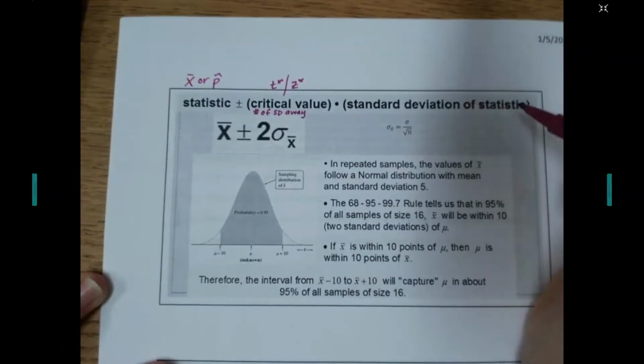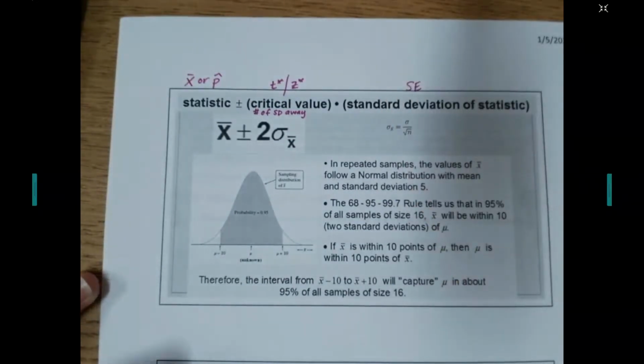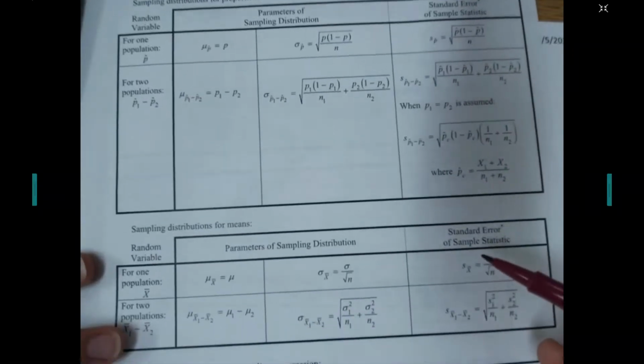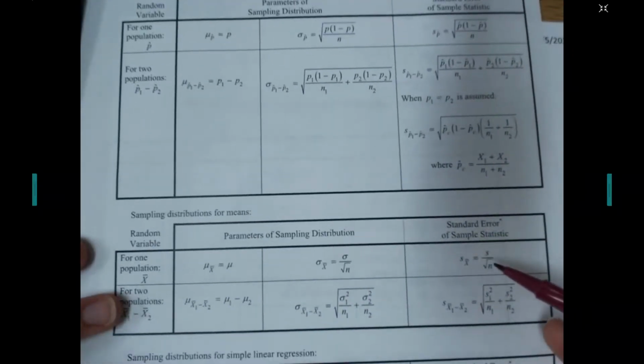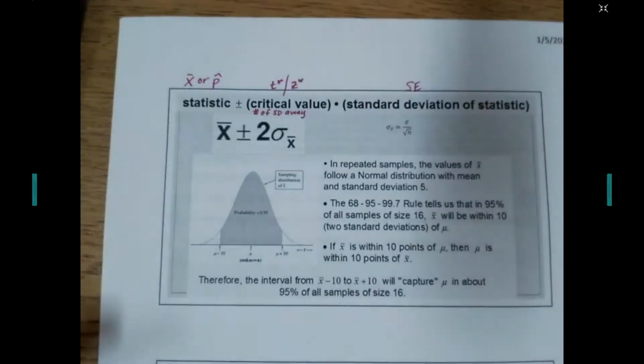And then the standard deviation of your statistic, which we call the standard error. Those standard errors are found right here. Standard error for proportions, right there. Standard error for means is right there. That's for one sample. Two samples are down here, but that's another chapter.